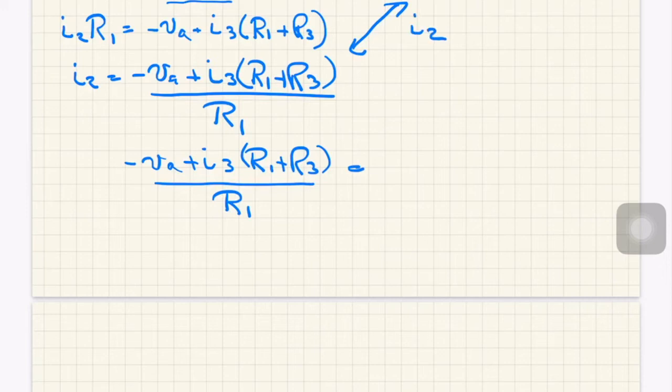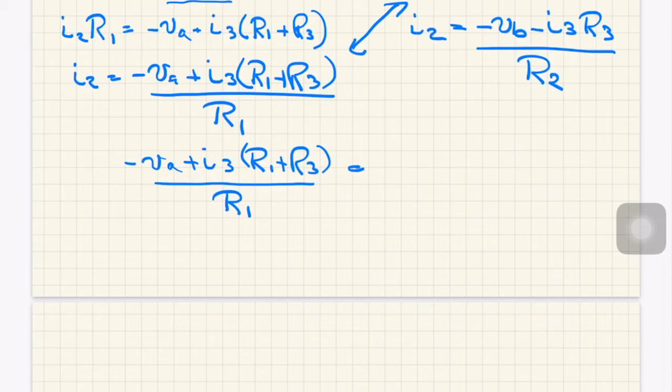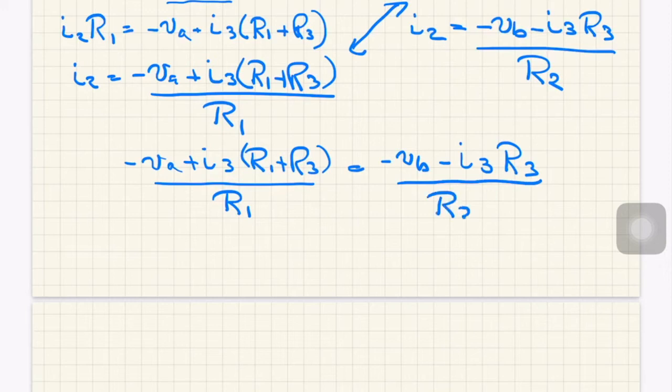If I write I2, then it's actually minus VB minus I3 R3 divided by R2. So now I can set them truly equal, and I can say minus VB minus I3 R3 over R2. Okay. Now I have to work with these two equations.